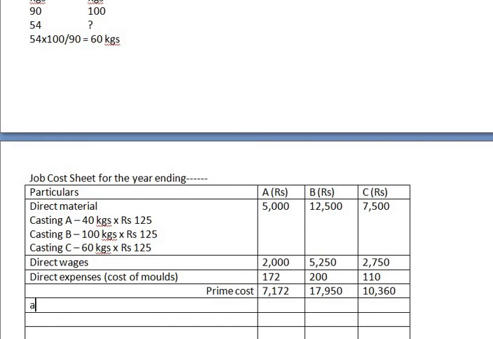Okay. Now next, add factory overheads. Factory overheads they have given us directly, 2,000.